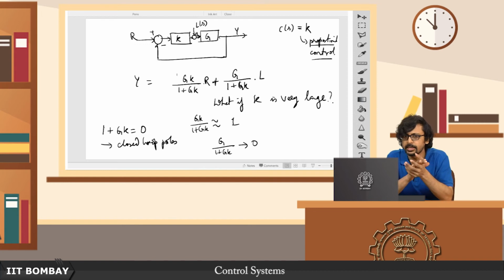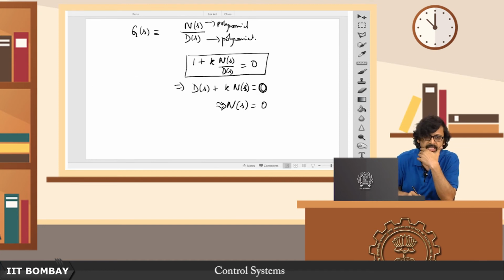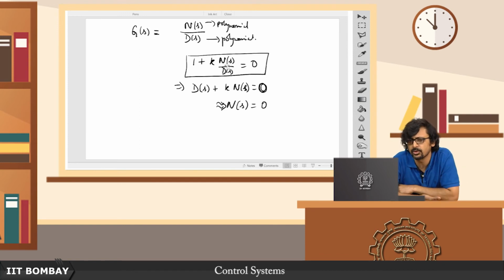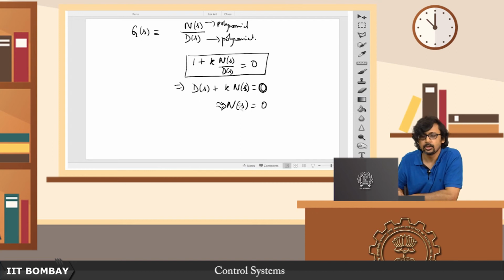When we talk about stability of the open loop system, we are only concerned about the roots of ds. But what about the roots of ns? They could very well be in the right half plane, for instance when you have a non-minimum phase system where the zeros are in the right half plane. In such a case, you would expect that as you increase k, some of your roots will be in the right half plane.